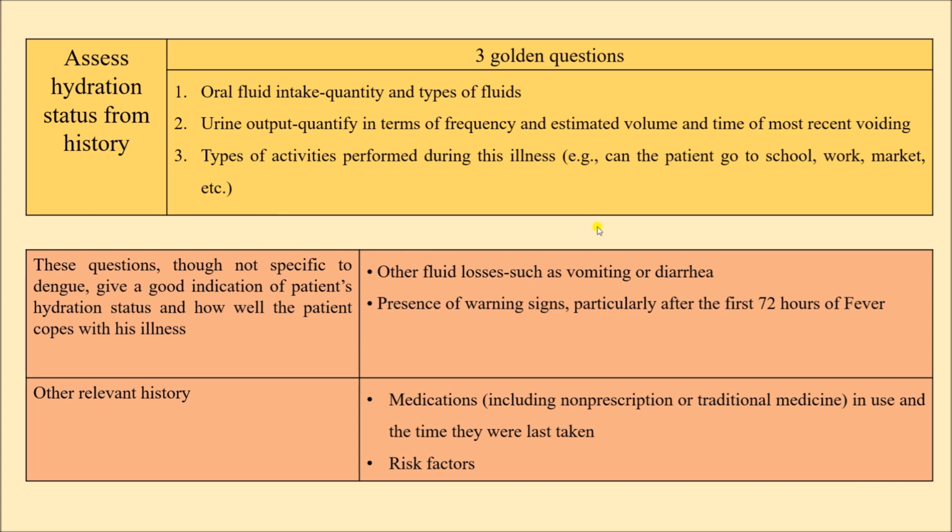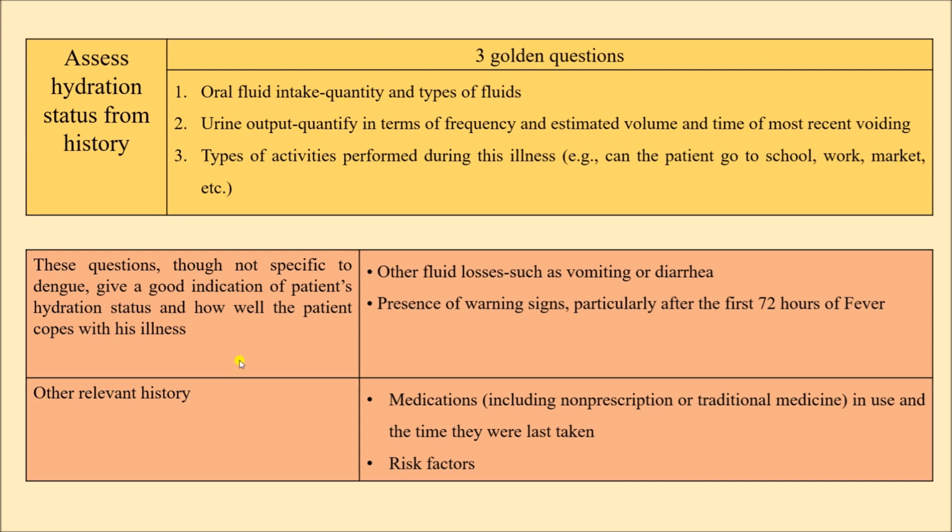So whether he is passing urine frequently and the amount of urine. That will give us an idea about the hydration status, also the kidney functioning. Types of activities performed during his illness, for example, whether the patient can go to school or work or market, etc. So all this will give us some idea about the hydration status. These 3 questions are known as the 3 golden questions.